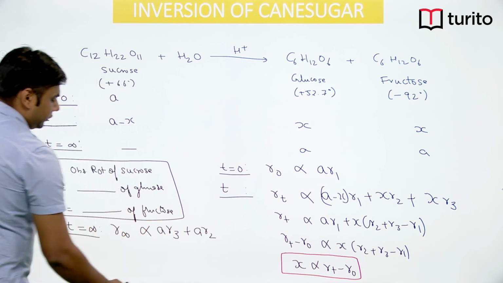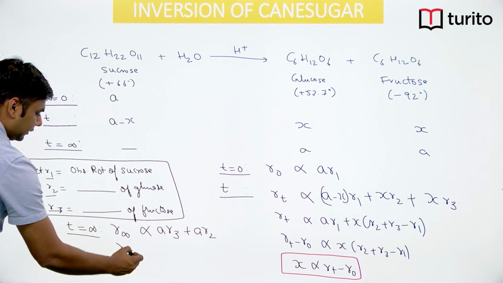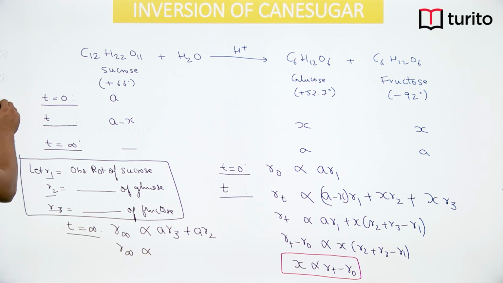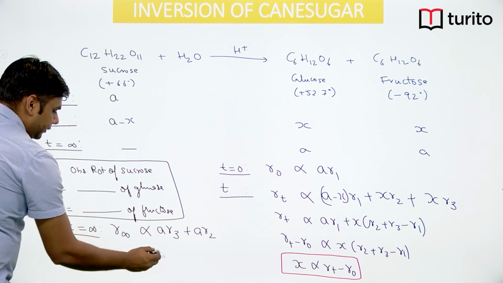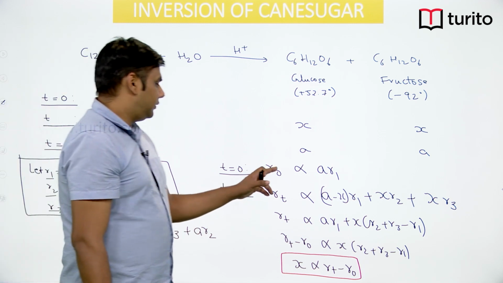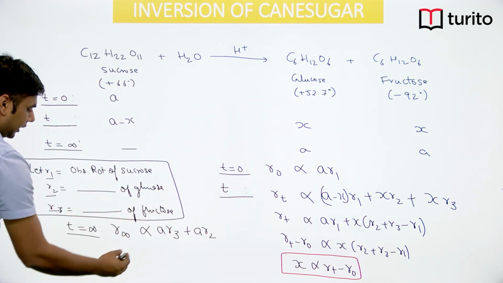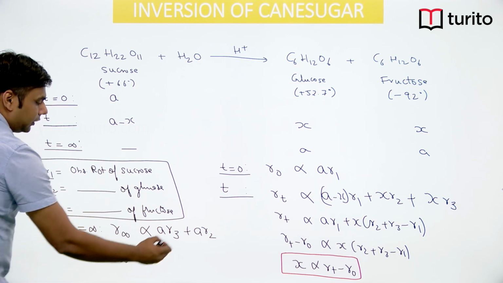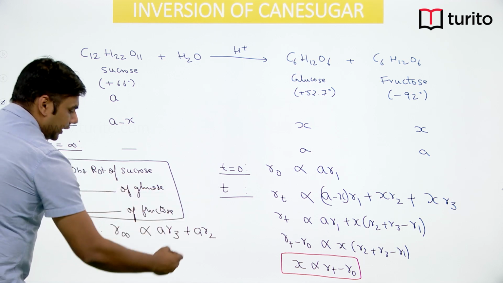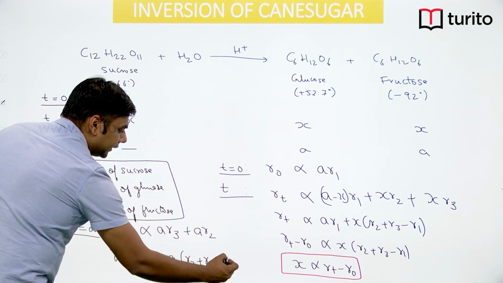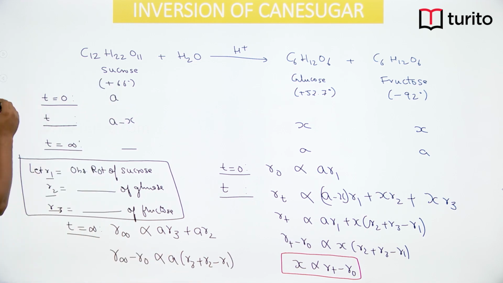Okay. So what I will do is I will just subtract R0 from this. So I will get R infinity minus R0 will be proportional to A, which I take as common, into R3 plus R2 minus R1. Again this is a constant, because they have constant values.